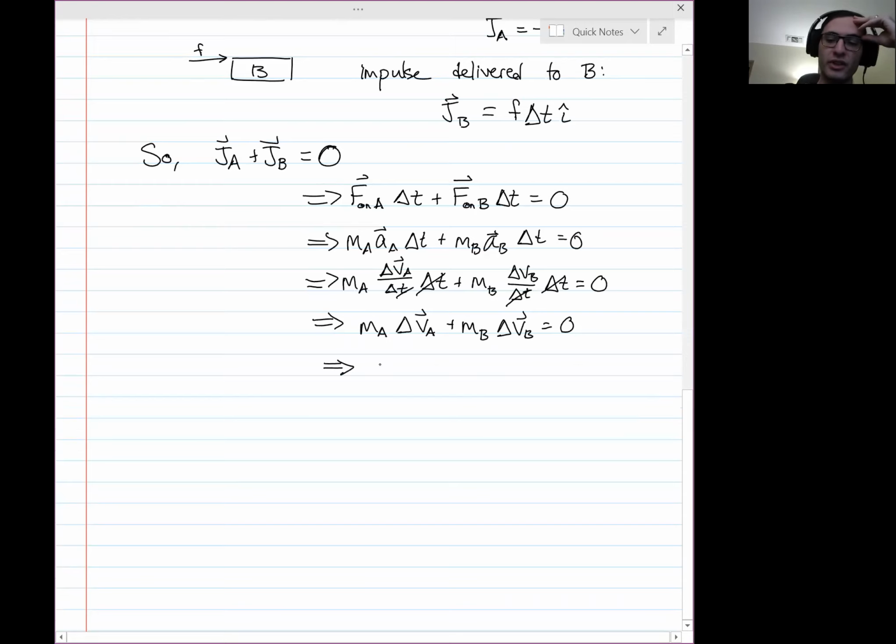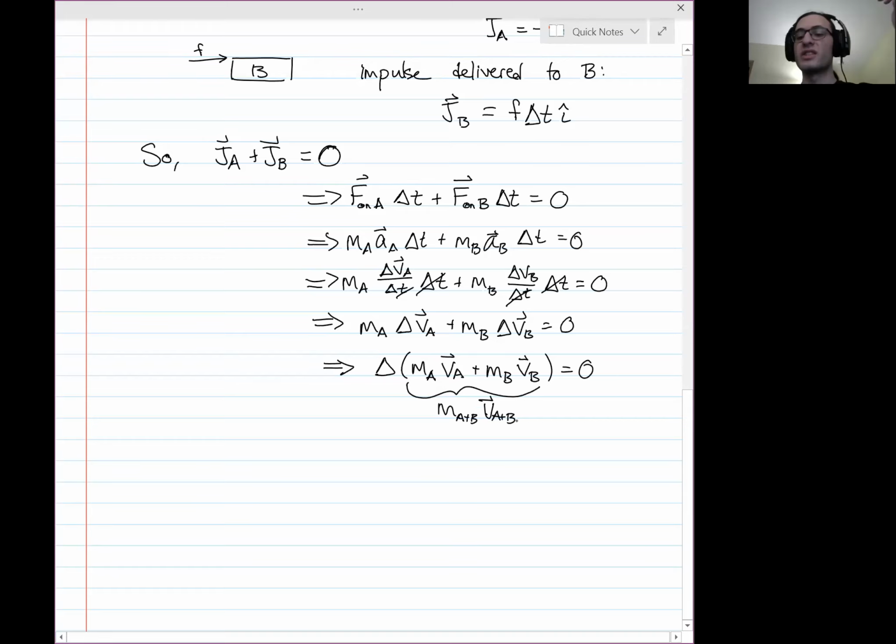And so what that tells us is that we have delta of M_A V_A plus M_B V_B is equal to 0. And this M_A times V_A plus M_B times V_B, that's the mass of A plus B times the velocity of A plus B. And what I mean by this is the MV of the system.